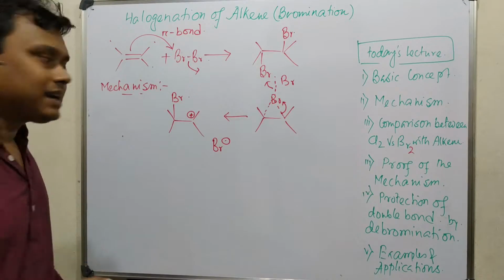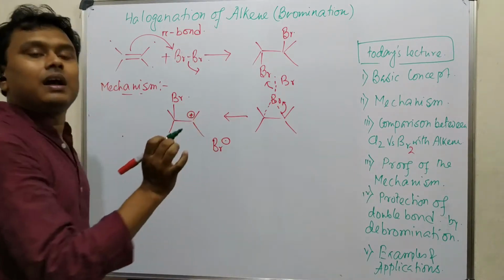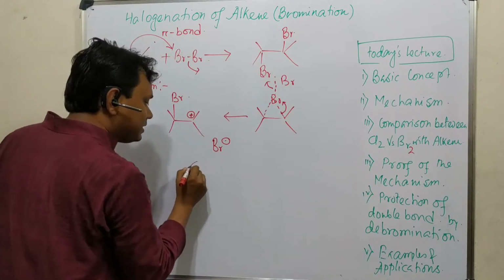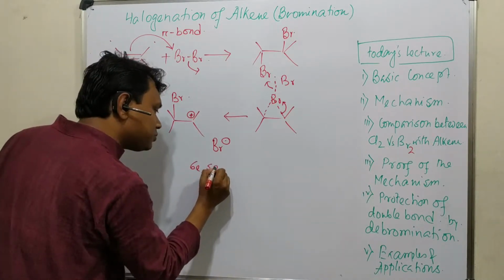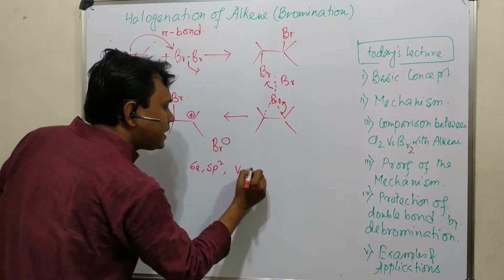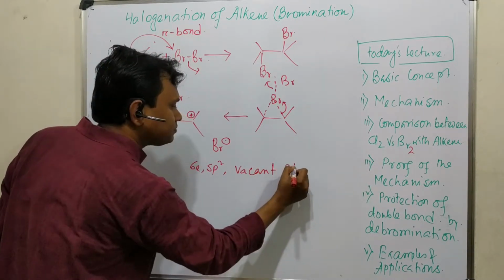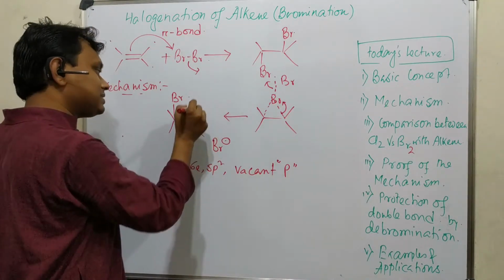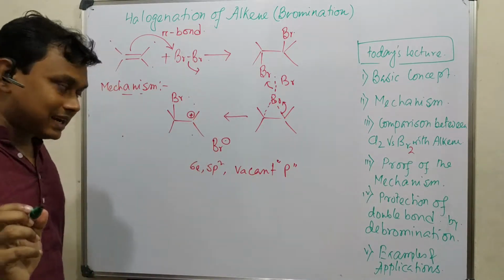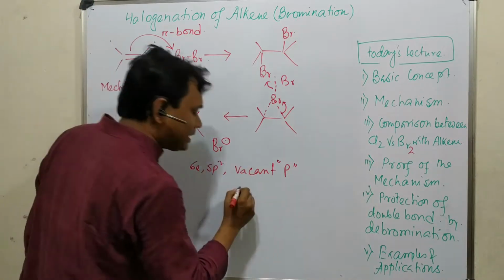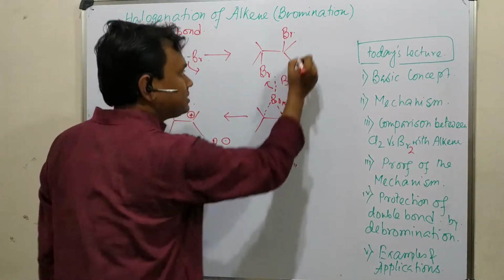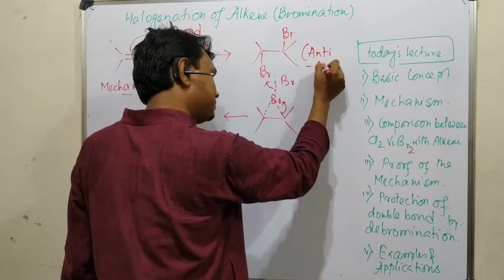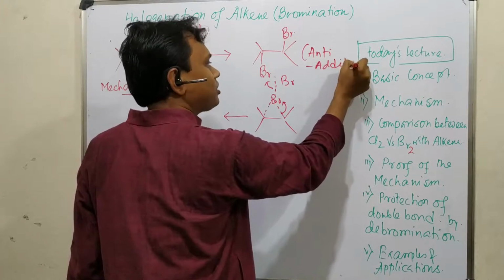Now you can think that the bromide will attack and produce the product. But keep in mind, if it is a carbocation, that is a 6 electron species, sp2 hybridized, with a vacant p orbital. So the bromide could attack from this side as well as this side, but actually that doesn't happen. We always get the anti-product, or anti-addition, so the reaction is not happening in this way.